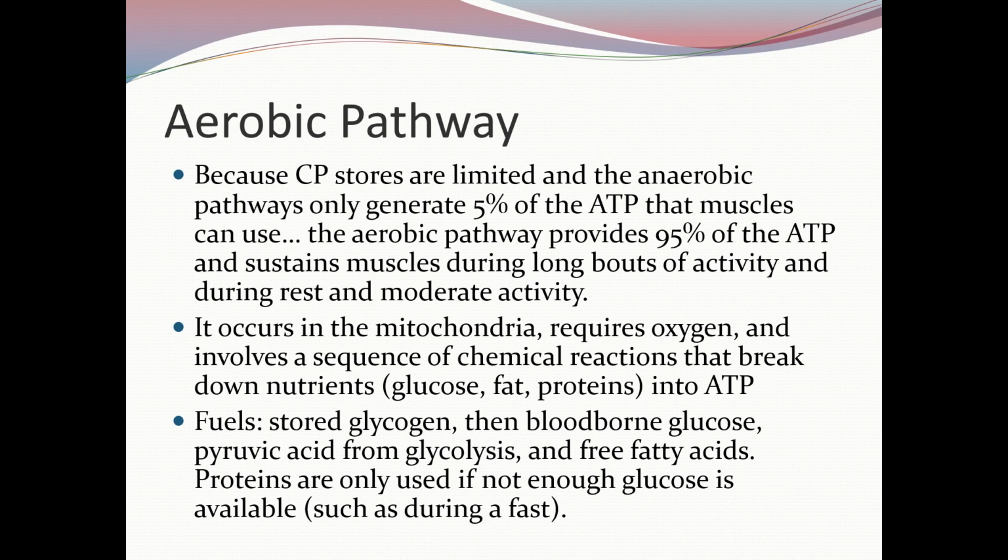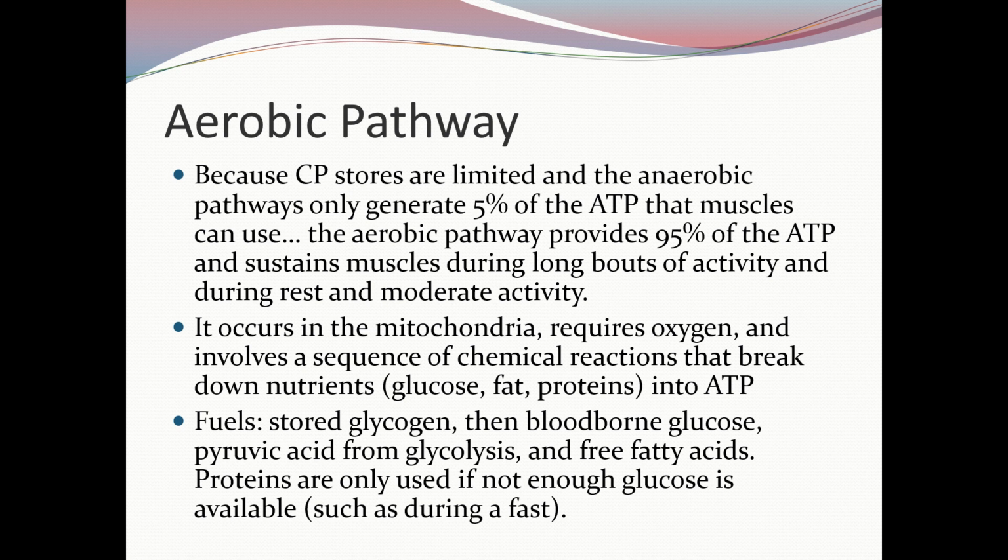The aerobic pathway is going to be the major pathway for our energy provisions. Because creatine phosphate stores are limited and the anaerobic pathways only generate 5% of the ATP that muscles can use, the aerobic pathway will take over and provide 95% of the ATP. It sustains muscles during long bouts of activity as well as during rest and moderate activity.